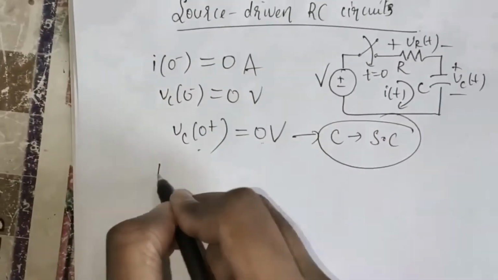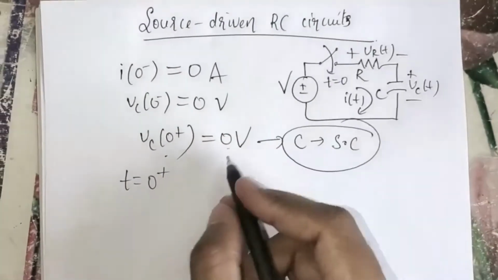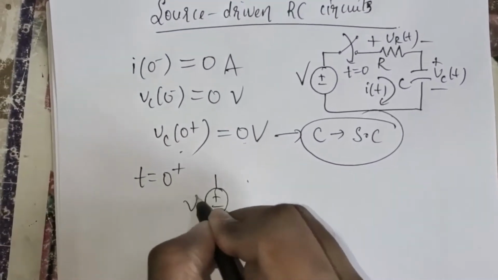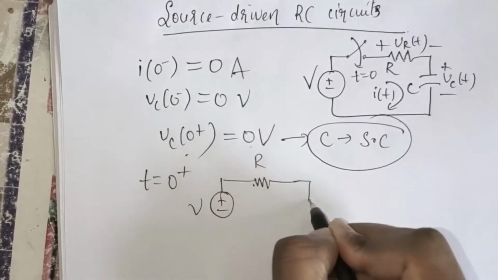So at t is equal to 0 plus, since the capacitor is acting as a short circuit, I'll get a voltage source in series with a resistor.